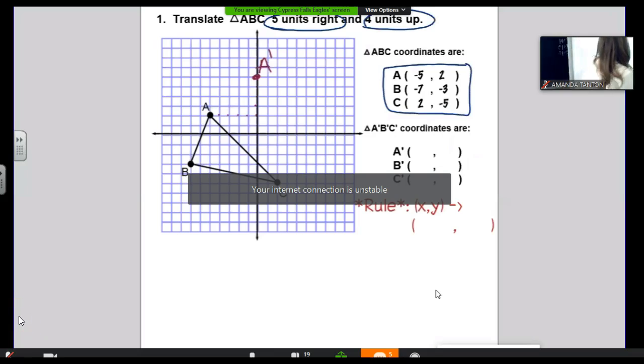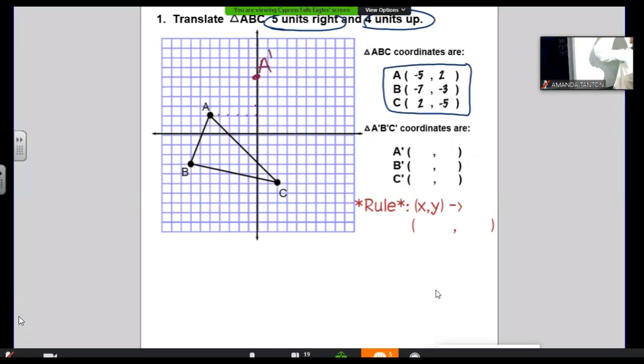The X values, yes. So we're going to take all of our X values and say plus 5. What about 4 units up? We take all of our Y values, yep, plus 4.